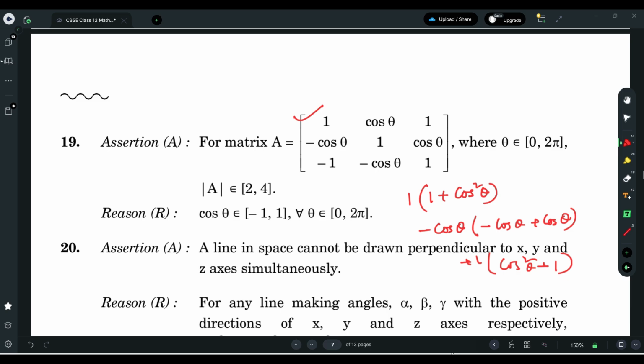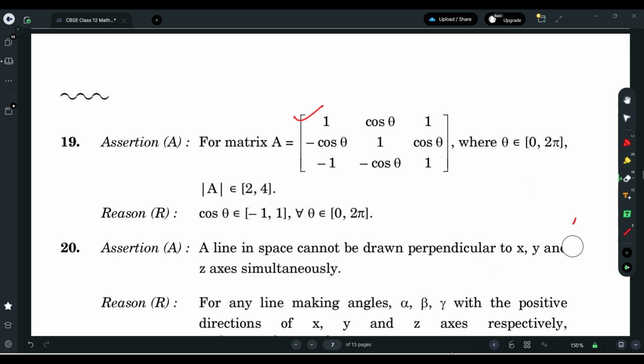Okay, so this is 0, and 1 plus cos square theta plus cos square theta minus 1. The 1s cancel, giving 2 cos square theta. So we get the determinant det A equal to 2 cos square theta.